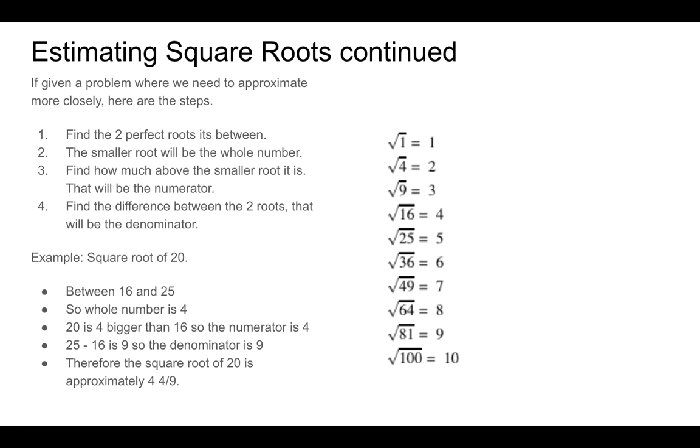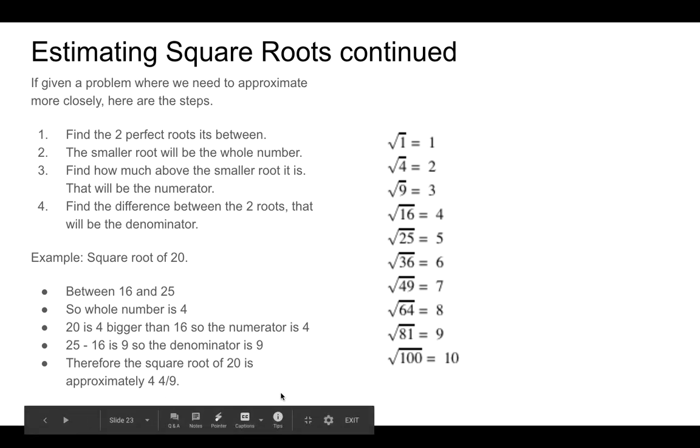Our answer, with 4/9, is 0.444, continuing. So we are within 3/100ths off, so it's very close. This isn't exact, but this is an example that will help you get pretty close.